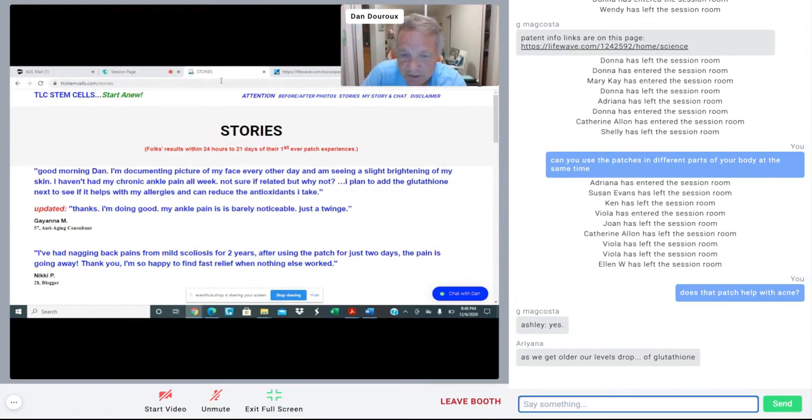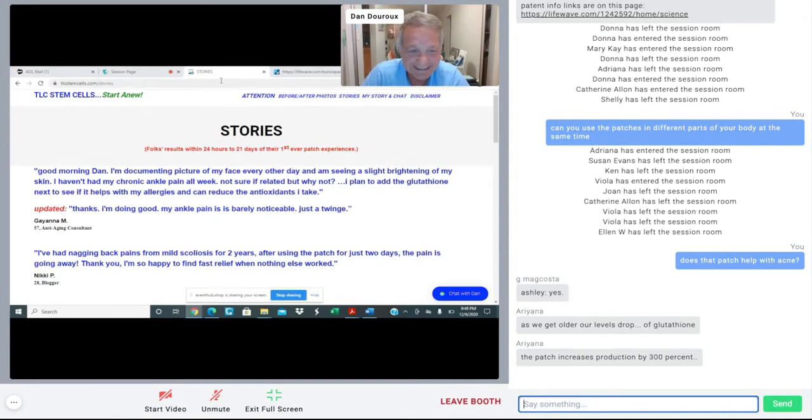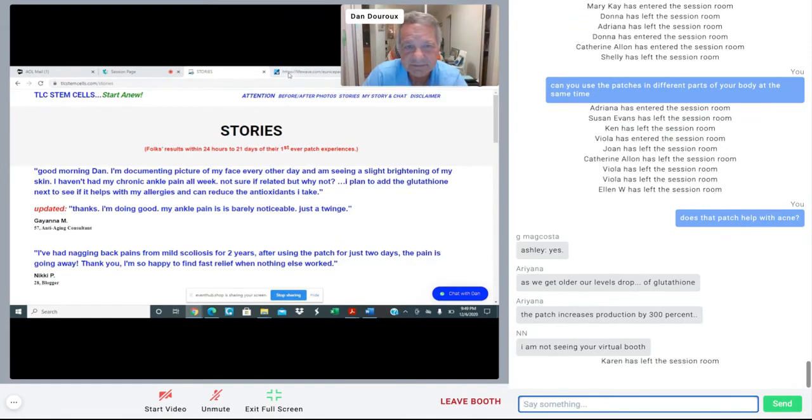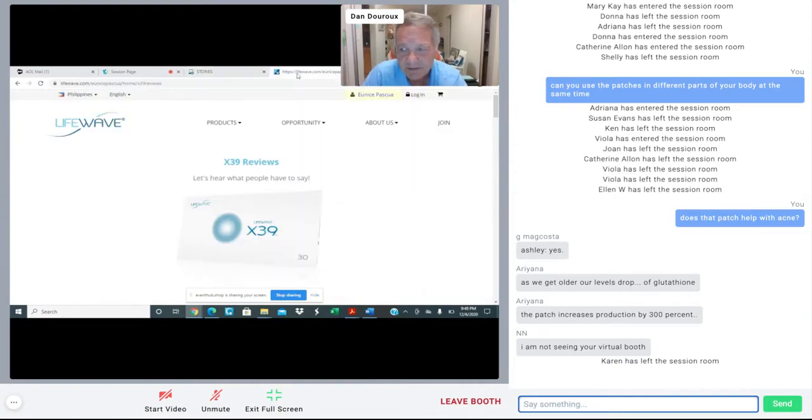Miracle 2 is glutathione, everybody. Miracle 1 is the stem cell. Miracle 2 is the glutathione. And for background, the other patches came along first, and the X39 has only been out since... Has it been 2 years, Jan, or what?